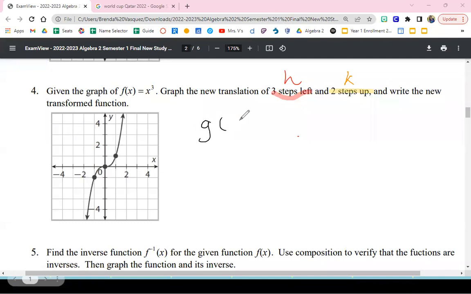G of X equals, we don't have A present, so I'm not going to include A. I'm just going to include F of X minus H. Now it is to the power of 3, so I have to make sure that I write 3 as my beautiful power. And I am adding K. Yes.